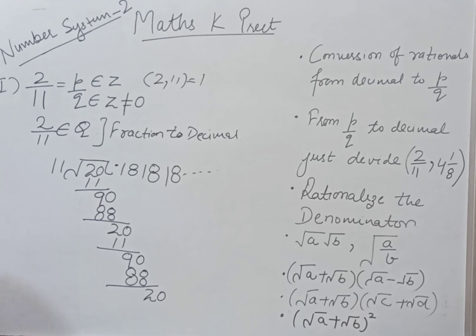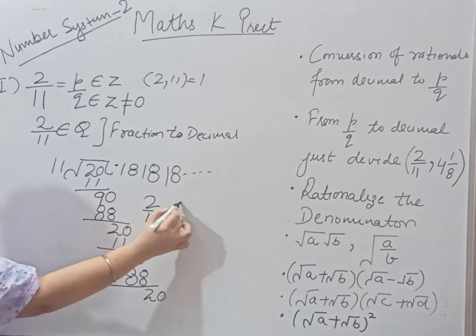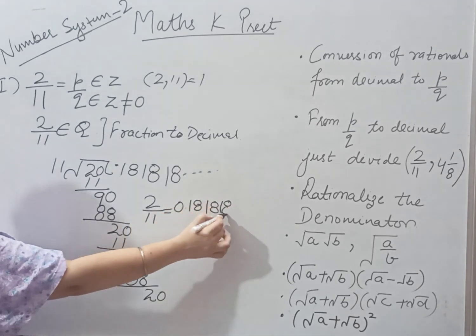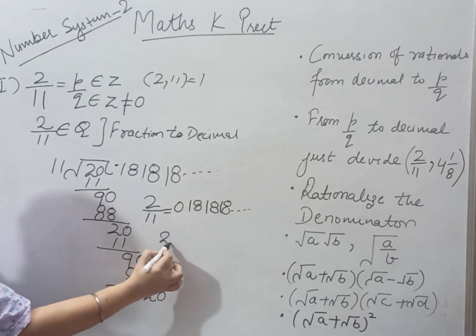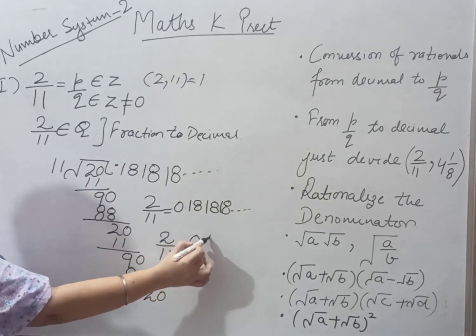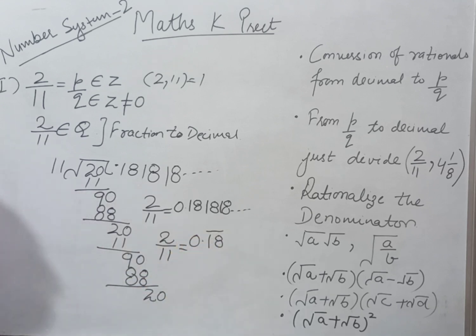So 2 by 11 can be written as 0.181818 and so on. This repetition of 18 can be written in the form of a bar over 1 and 8, as both the digits are recurring. Put the bar over those digits.